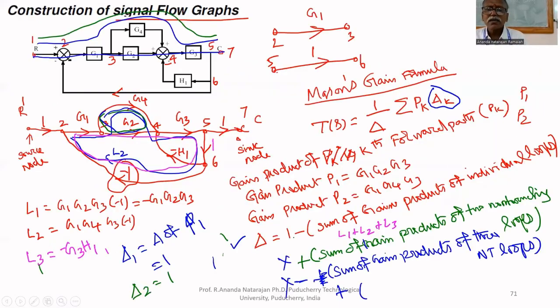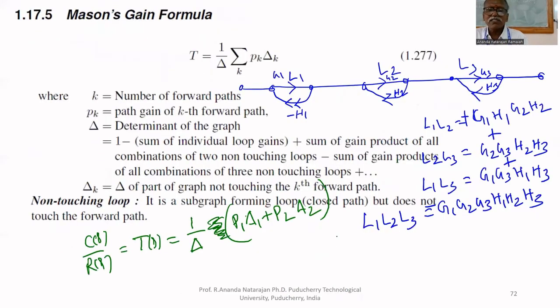What is P1? P1 is G1, G2, G3. What is P2? G1, G4, G3. What is delta 1? 1. What is delta 2? 1. Therefore, what is delta? Delta equals 1 minus (L1 plus L2 plus L3). So we can substitute here and you will get the transfer function.